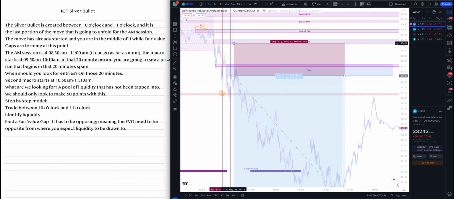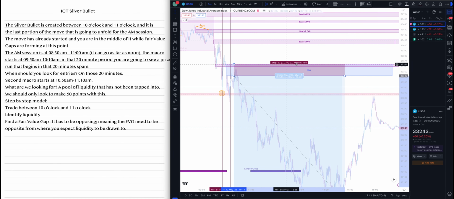He does recommend always that your stop loss should be between 40 to 50 points. If we're trying to reduce our risk, which we can, for a more aggressive stop loss, we can use only 22 points, which is above the gap.